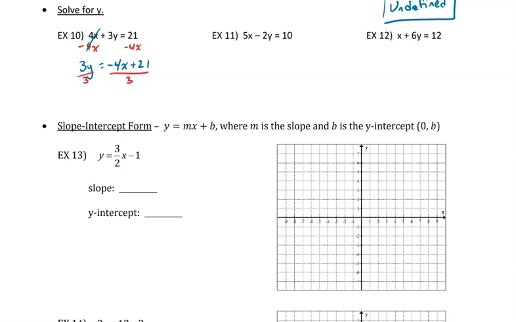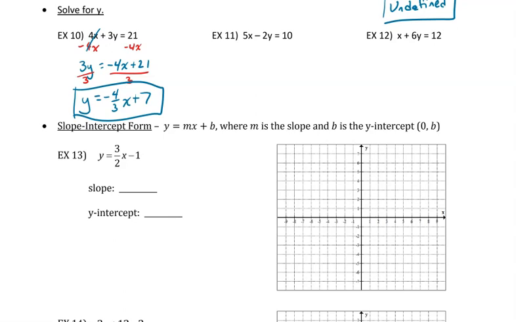Now just be very careful, because whenever we divide this right side by 3, you need to divide everything by 3. As in, both terms are about to be divided by 3. So negative 4x divided by 3, well, 4 doesn't divide by 3, so we can just leave that as negative 4/3 x. 21 divided by 3, though, that one's nice, so plus 7. And y is solved for.